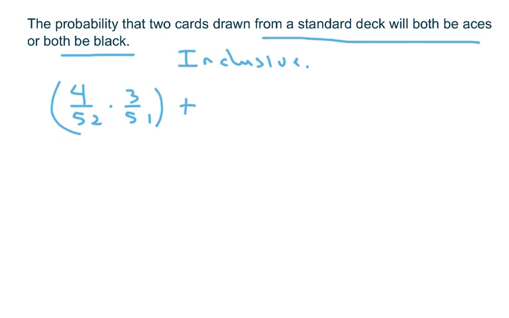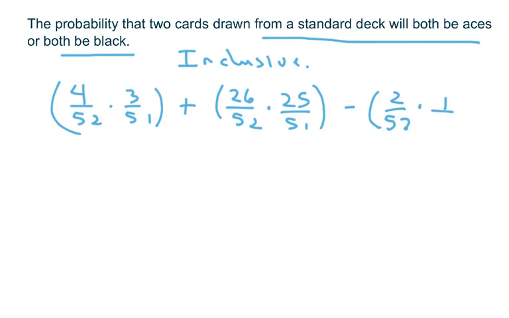And then for them both to be black, we have 26 out of 52 times 25 out of 51. And then we have to subtract the duplicates because we have 2 aces that are black. So that's going to be 2 out of 52 times 1 out of 51.